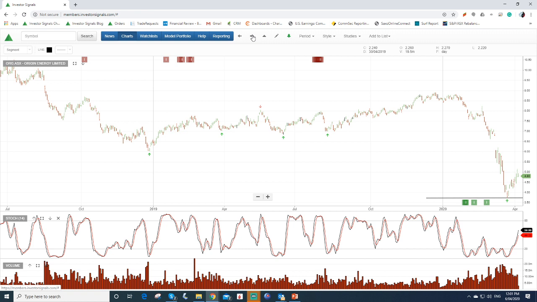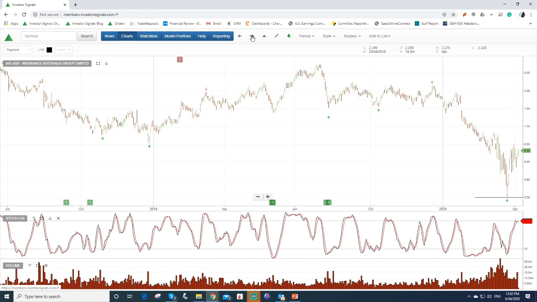So we just need to keep an eye on those headlines as to how that sort of positions us around some of these energy names. But there's a good chance that the low for oil prices is already in.